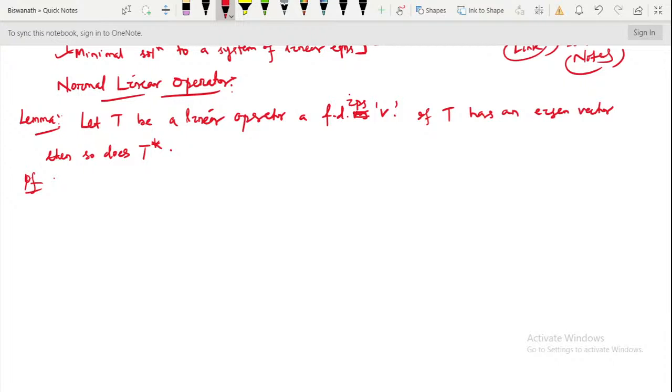That means if T has an eigenvector, then T star also has an eigenvector.